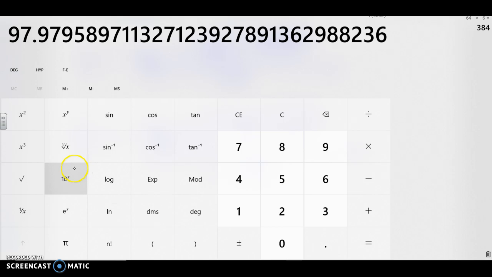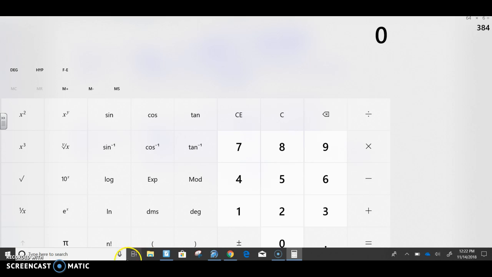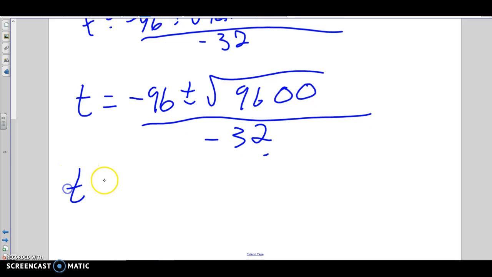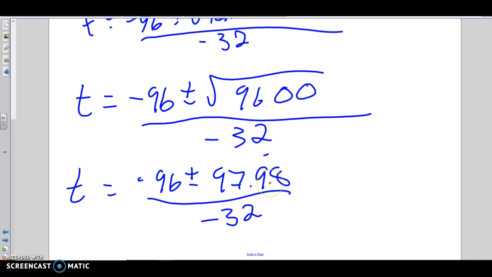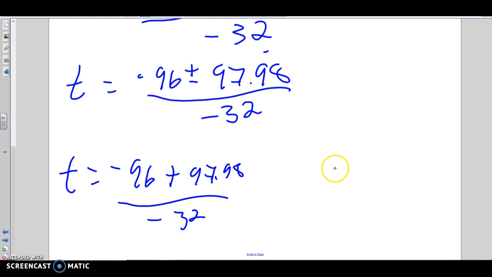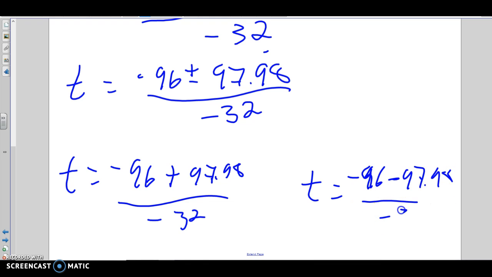is 97.98. And now I can get my final two answers because this is going to break off into negative 96 plus 97.98 divided by negative 32 and negative 96 minus 97.98 divided by negative 32.